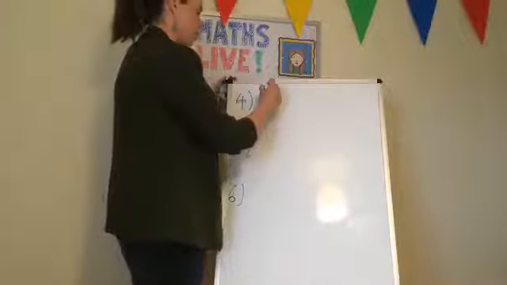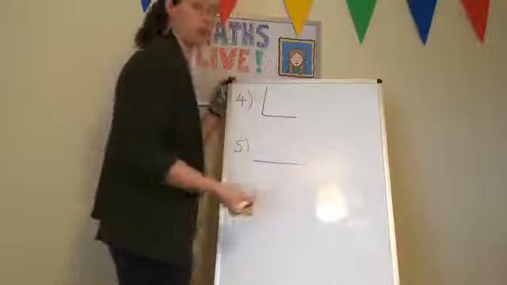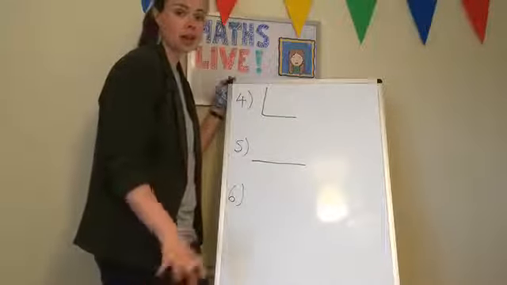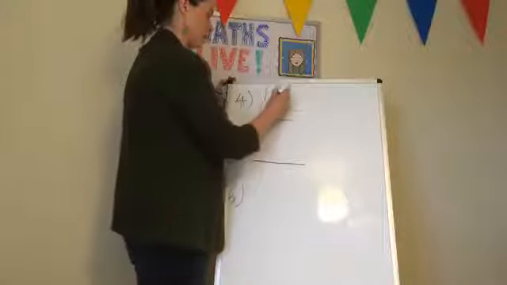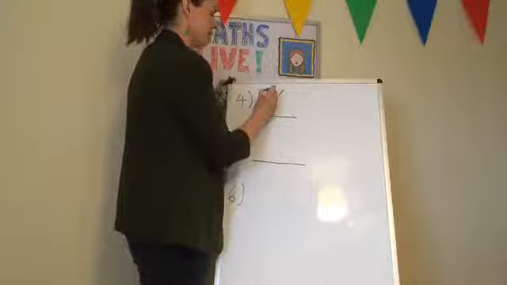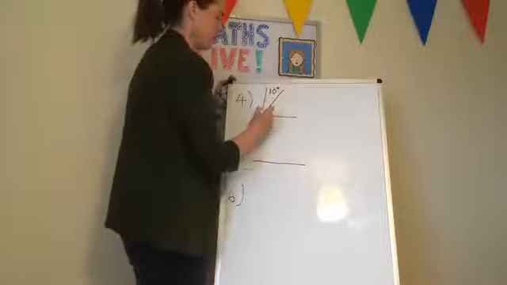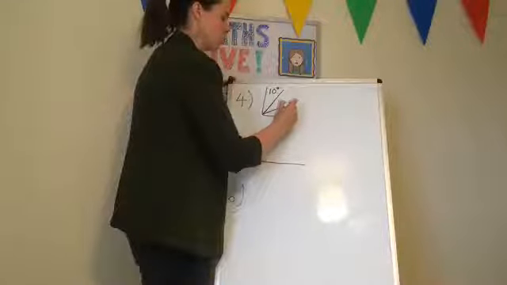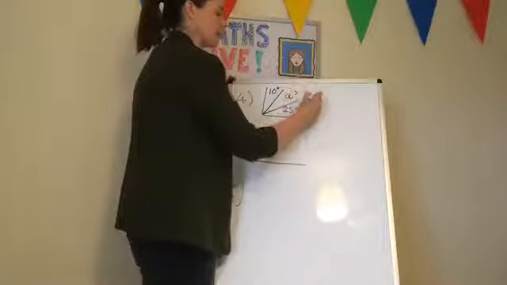I'm still going to use a 90 degree and a 180 degree and a 360. I'm not going to change that, but watch what I do. So I'm going to say that this is 10 degrees. And I'm going to say this is 25 degrees. So what is A?